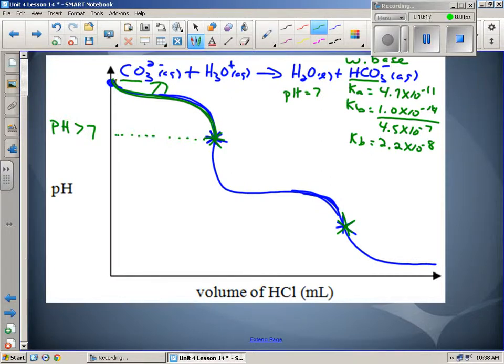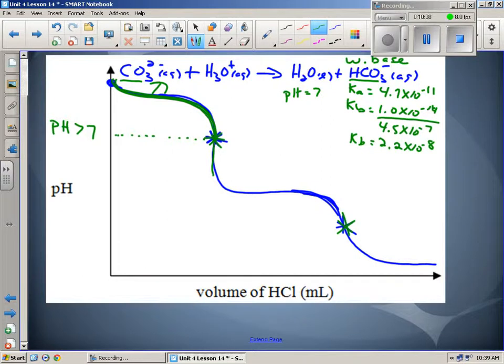This part was probably in equilibrium right here, all the way up to here. At this point, it changes into the products only, because I've added so much H3O plus that I now have just the product. So now I have water and HCO3 minus. Well, we always have water. So really, what do I have here?